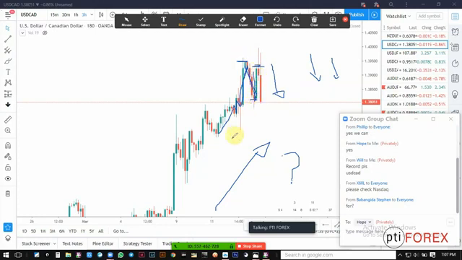Meaning, the sellers keep on increasing in strength, and the buyers keep on decreasing in strength. So here, the buyers didn't take the price above the previous level, so they failed to break their previous record, and it bounced here.